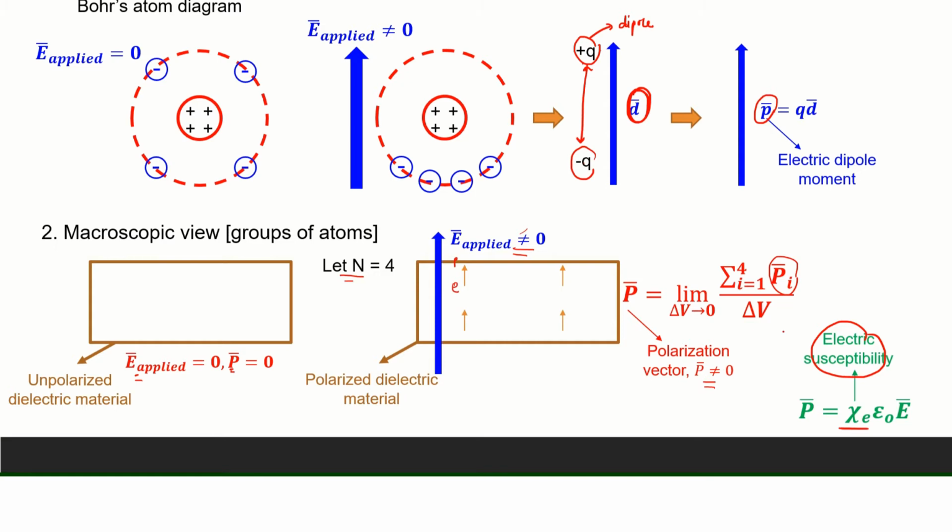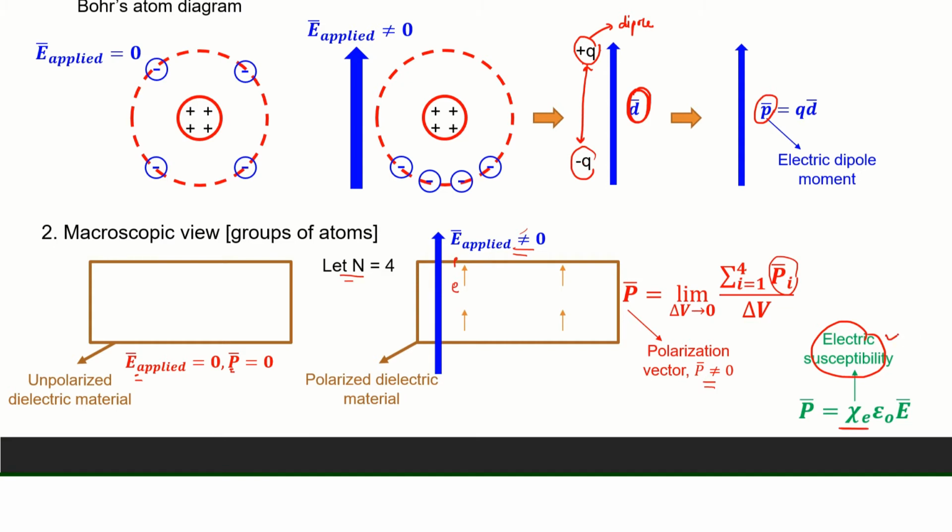If the value is larger, it means that the dielectric medium is responsive to the electric field. If the value of this electric susceptibility is lower, it means that the medium is non-responsive, it does not respond to the electric field.